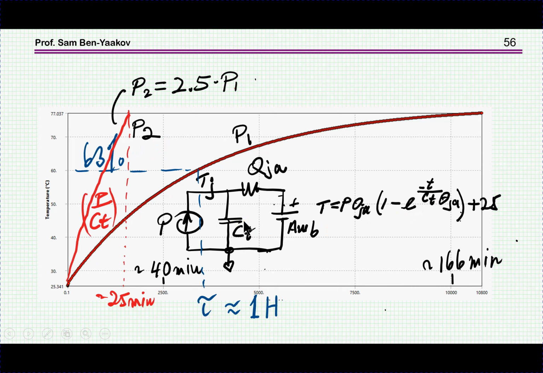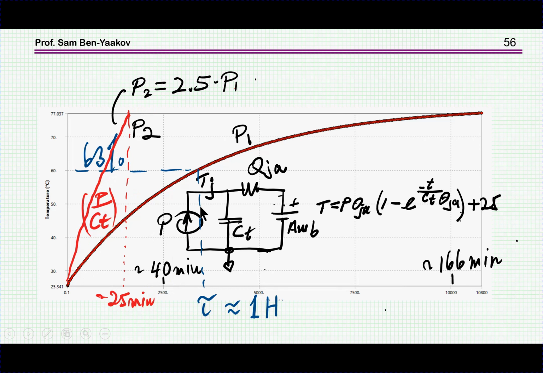So if now the power level will be like 2.5 times larger, then obviously this will go much further. Here it's about a straight line, so I've approximated it to a straight line, and the slope is the power over Ct. And as you can see here, this will reach, of course, the final value that we want, or that we would allow, in a shorter time, in this case 25 minutes.